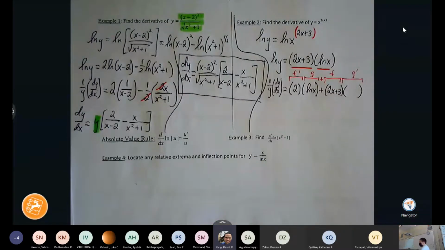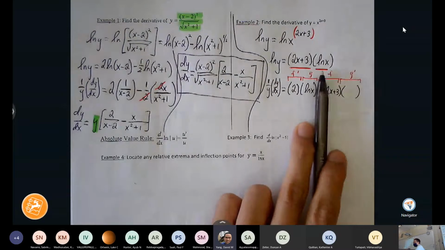Okay, what's my g prime going to be? 2. Or 1 over x. No, 1 over x. Okay.